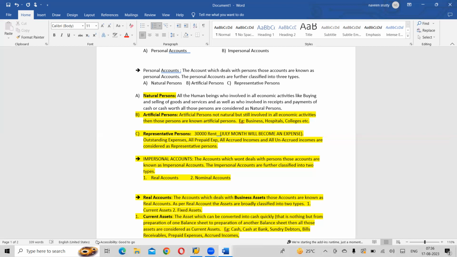Next one, last but not least, I'm just taking a few examples: closing stock or inventory. In SAP terminology, we call them inventories.